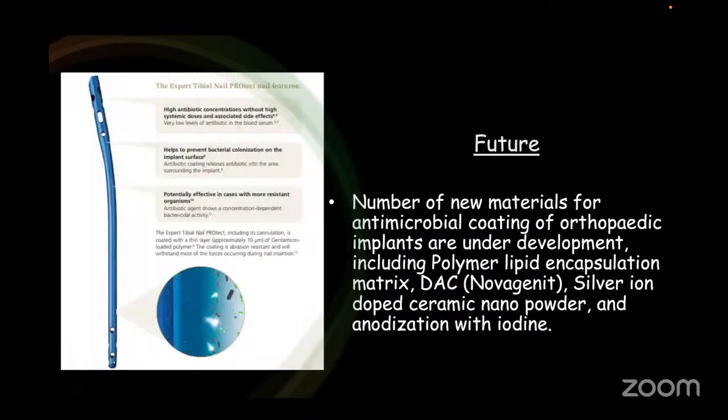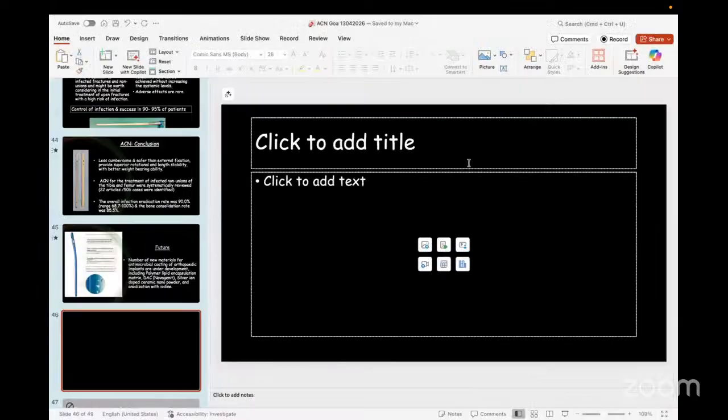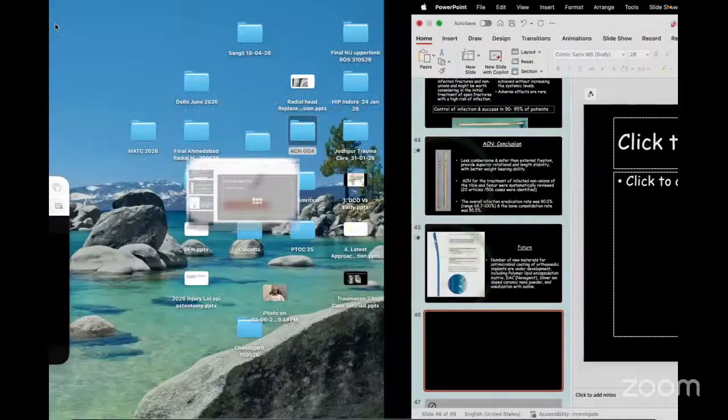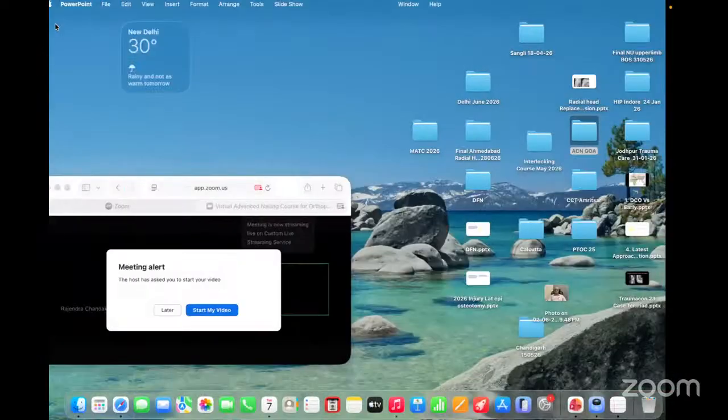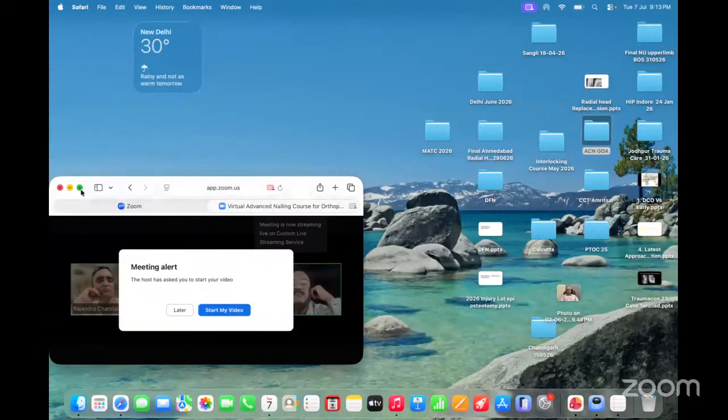And that is the nail, expert TBL nail, the Protect nail, which was available in India for some time, which had that cement coating, which had come about 10 years back, but it is no longer readily available in the market. So that was about the antibiotic coated nails.